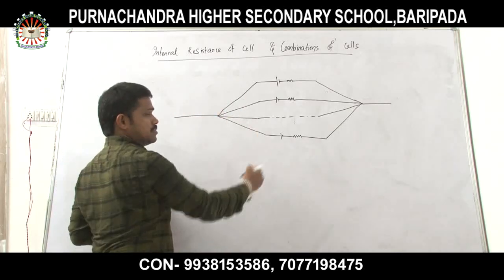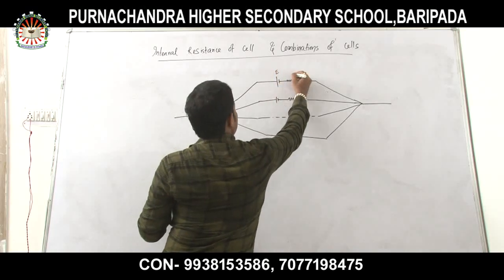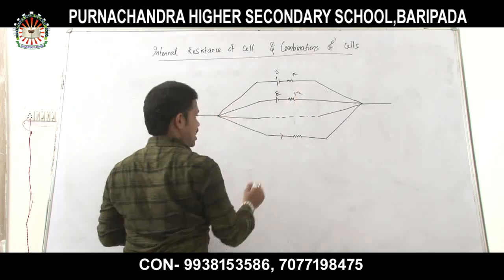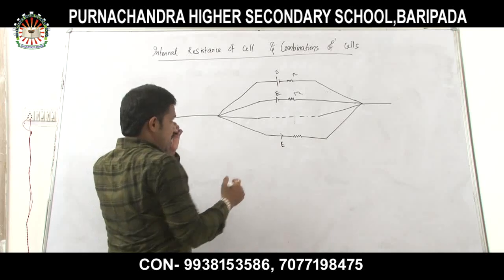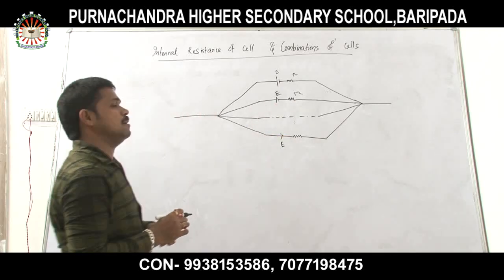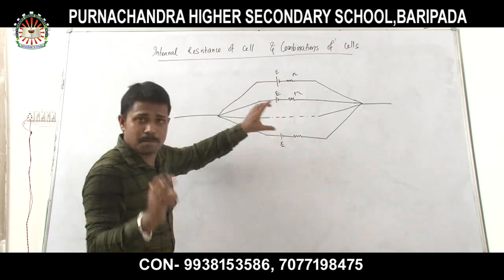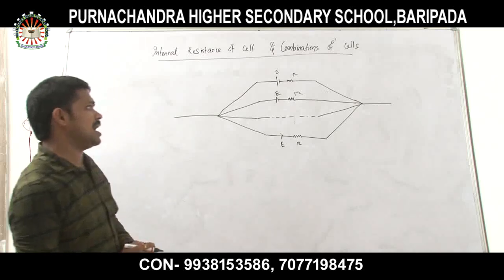Okay, so look at this very carefully. This is one cell having EMF E and internal resistance r. This is another cell having EMF E and internal resistance r. In this way, dot dot dot means this is continuing. So n number of such cells are connected in parallel, each with internal resistance r.